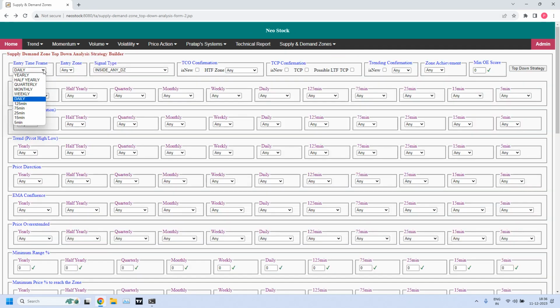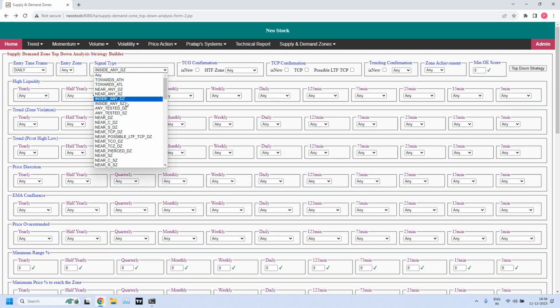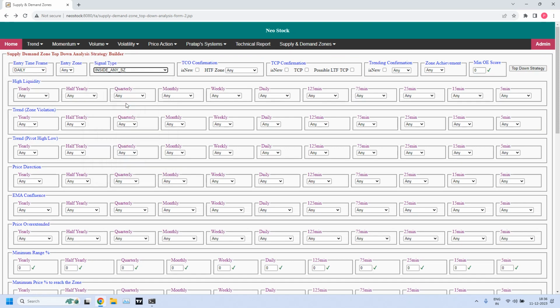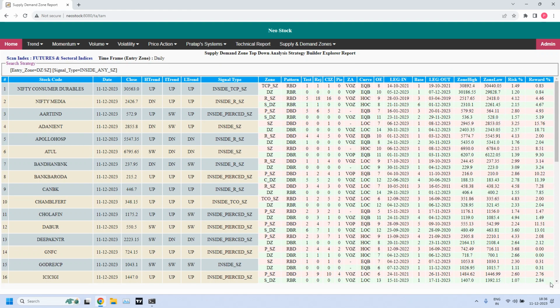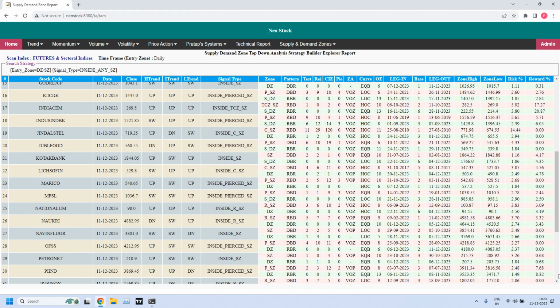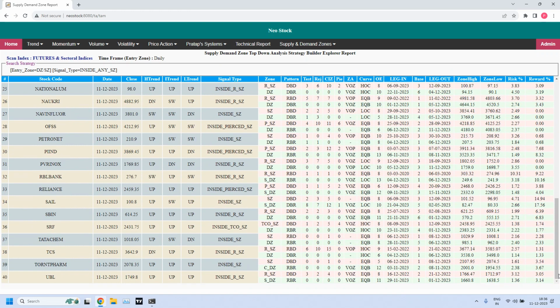Entry time frame is daily. Let us find the stocks where price closed inside the daily supply zone. This is the filtered list. So total 40 stocks are filtered where price closed inside the daily supply zone.